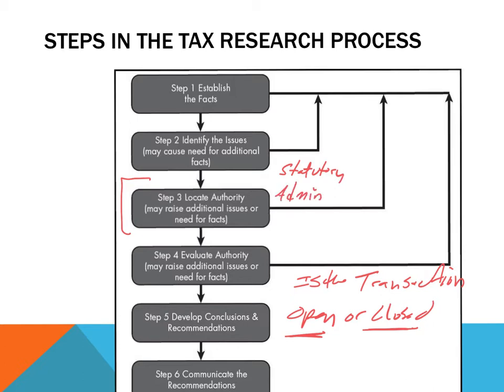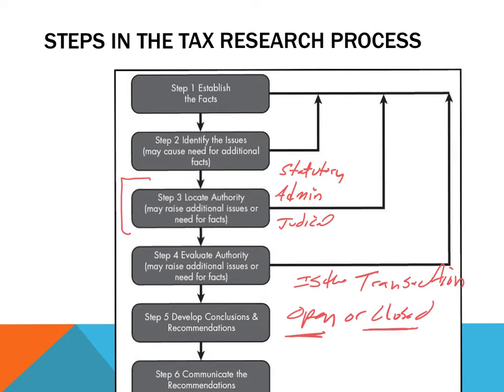There are administrative authorities. And there are judicial authorities, okay? And so those are your primary authorities. 99% of the time, those are your resources for tax research. Those are the things that you can cite. And we're going to spend a lot of time in this class talking about those, dissecting those, and figuring out the value of different examples of those.